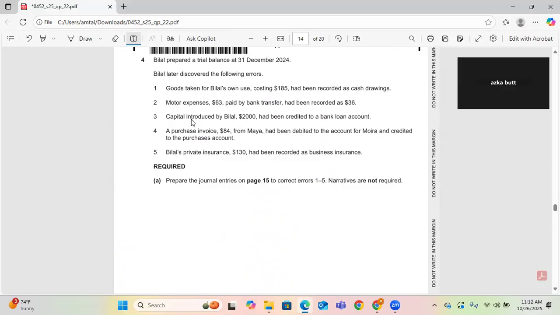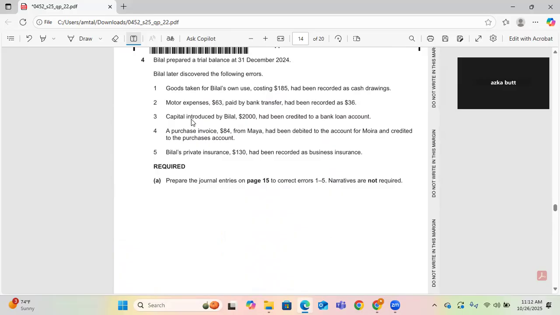So since capital and bank account, these two things are related to the statement of financial position, because even if it is liability or the capital, we will be writing it into the statement of financial position. It's not having any connection with the income statement. So that's why error 3 we will not record.